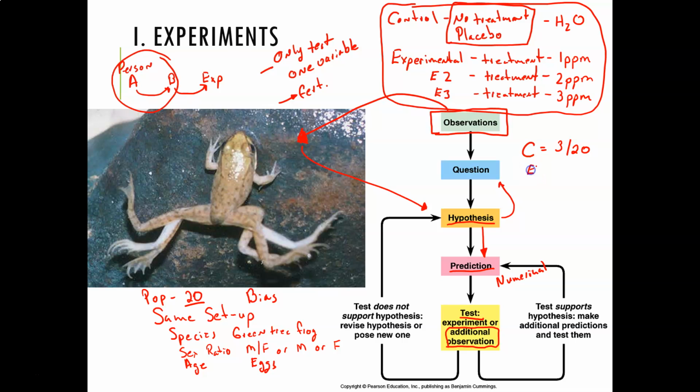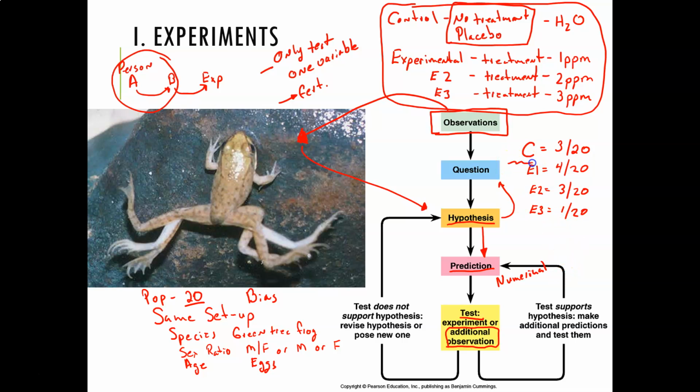Then you had experimental group number 1, and they had 4 out of 20 with 1 part per million. Then you had experimental group number 2, and they had 3 out of 20. And then let's say you had experimental group number 3, and they had 1 out of 20.